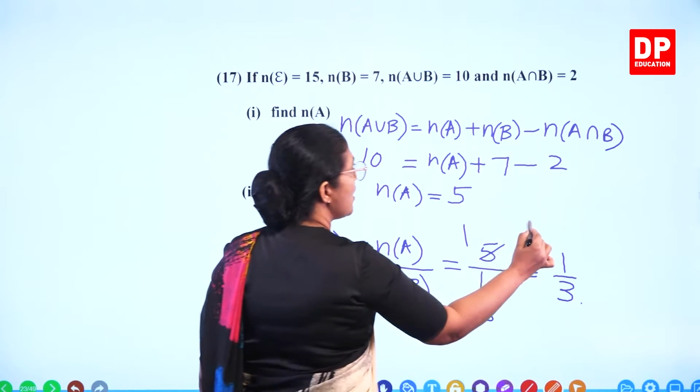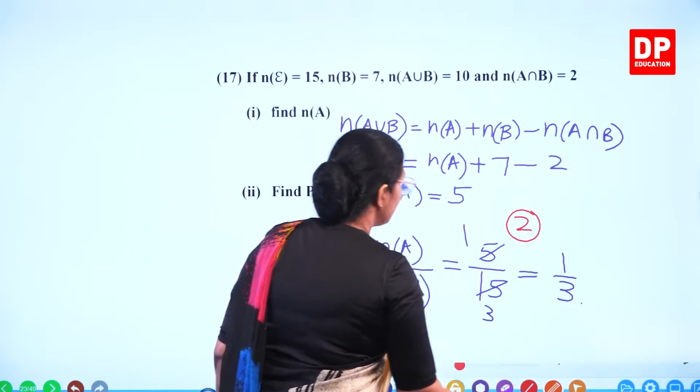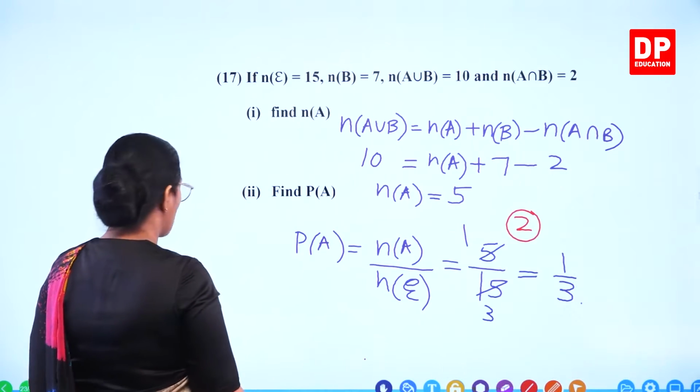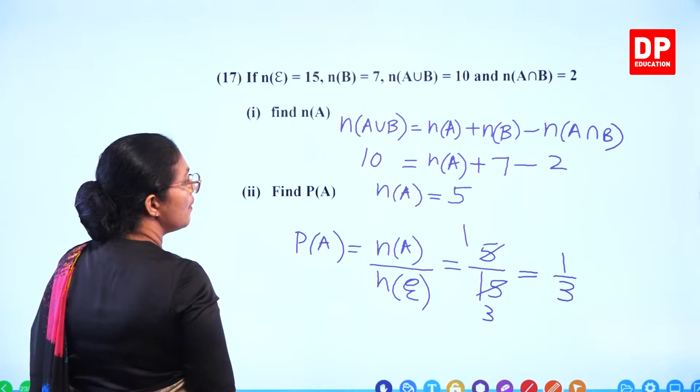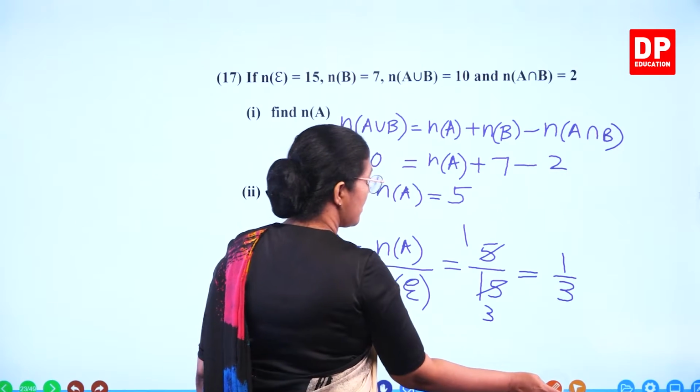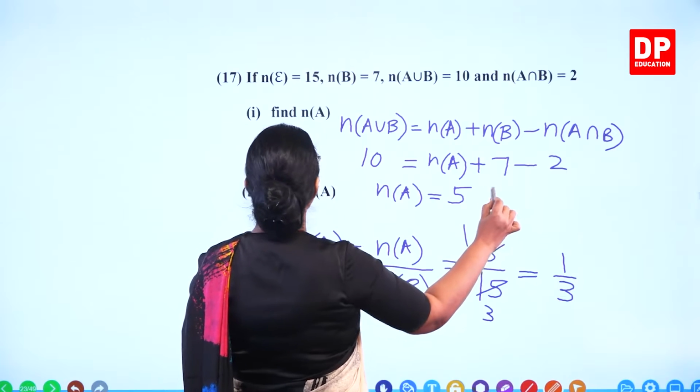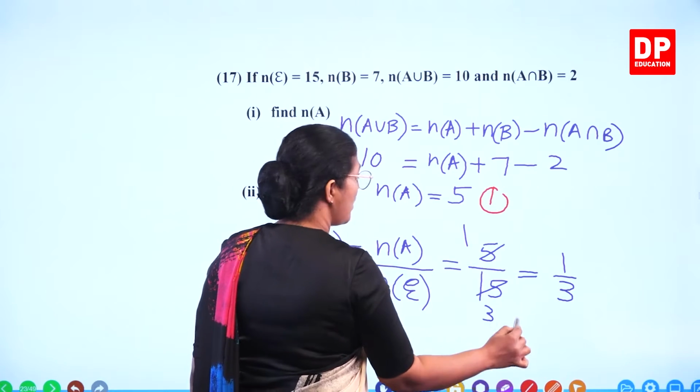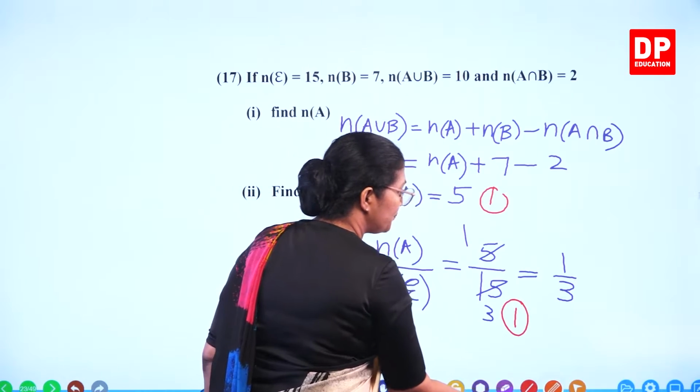So you get 2 marks for that. You can give 1 mark each. We can give 1 mark for part A, part 1 and 1 mark for part 2.